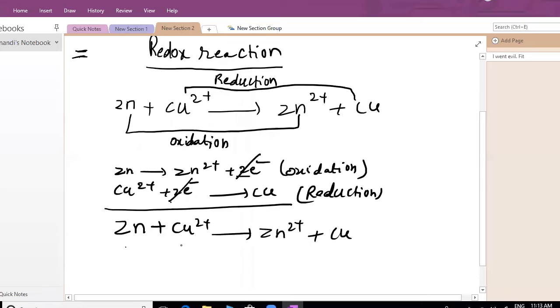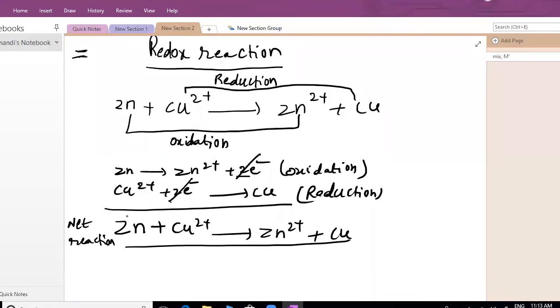This is what we call the net reaction. Understood? Any doubt here? Let me know if you have any doubt.